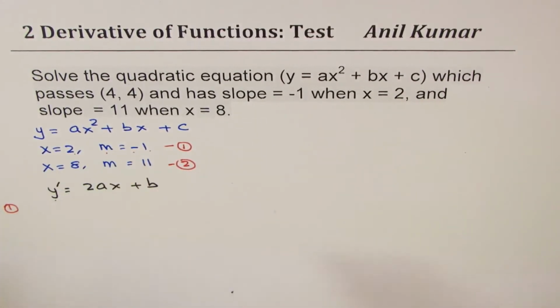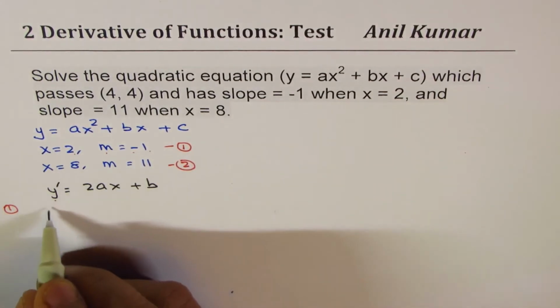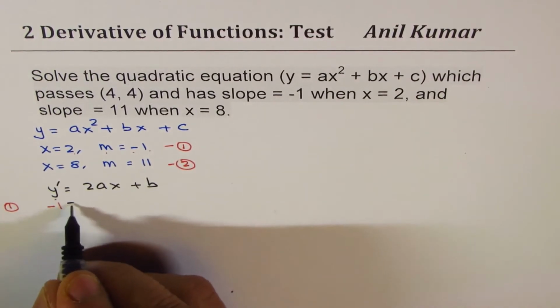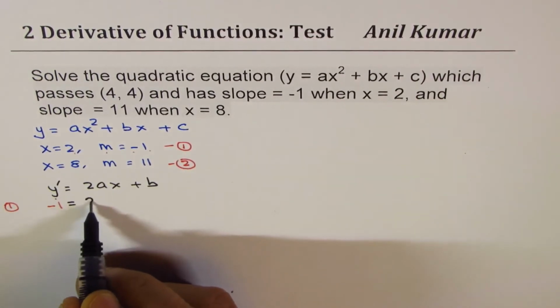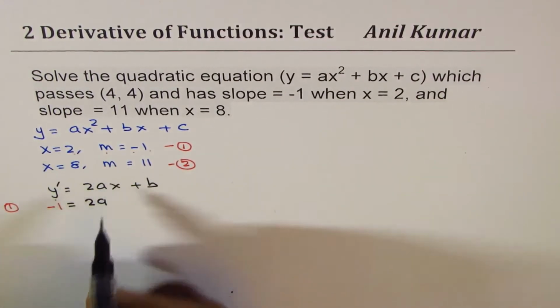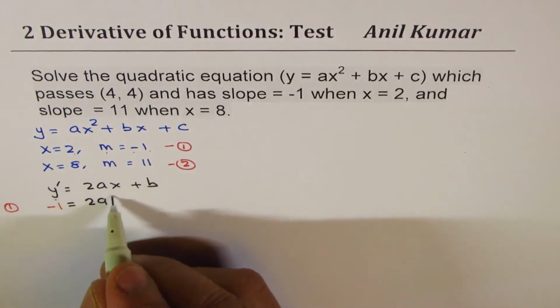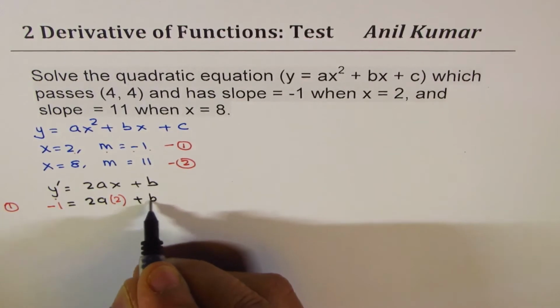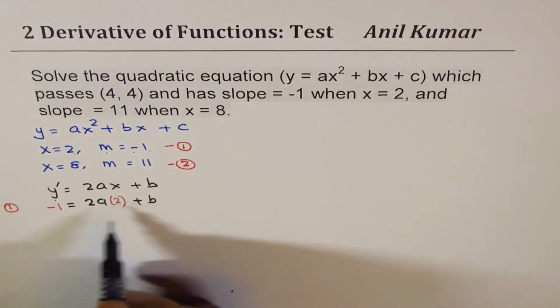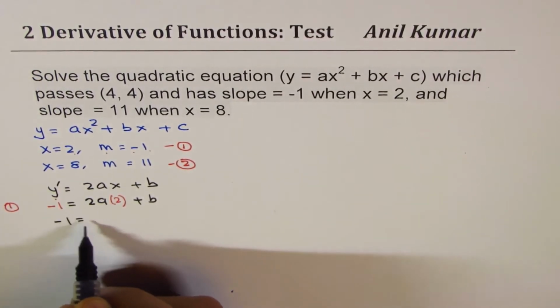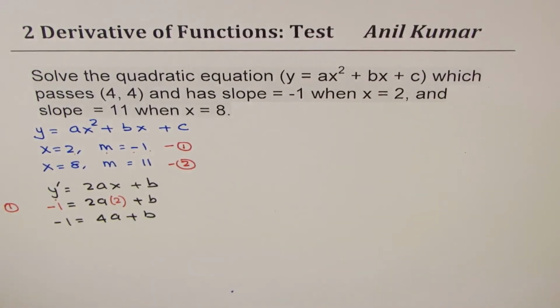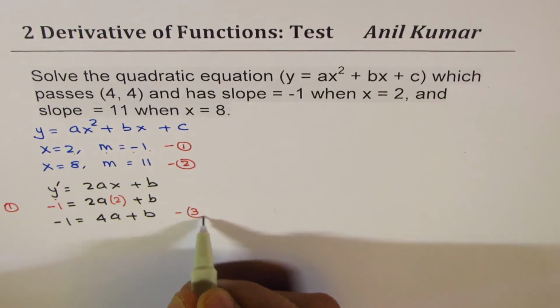So m is y dash, right? So I get minus 1 here, and then I can write 2a and x equals to 2. So we just substitute those values. And now we have an equation which is minus 1 is 4a plus b, correct? So we'll call this as our equation number 3.